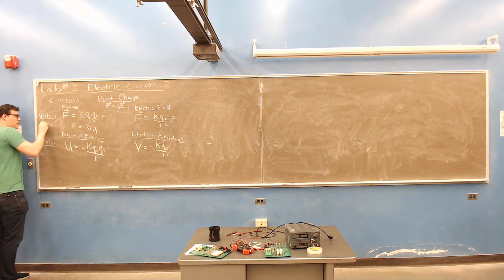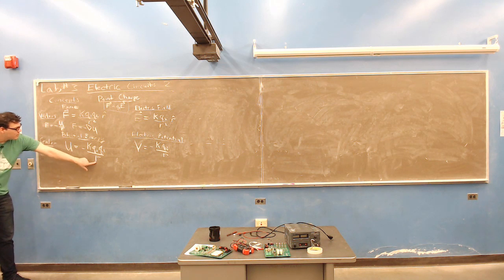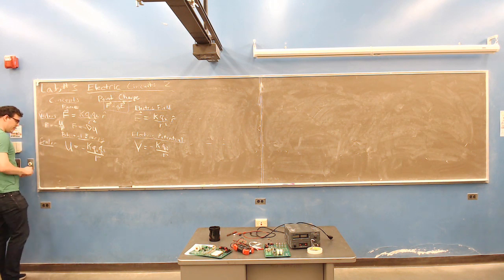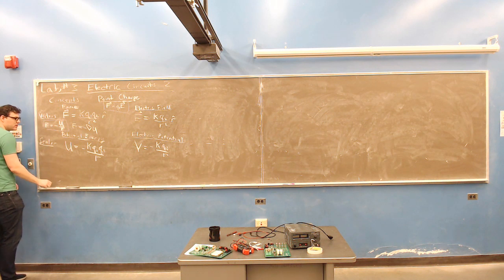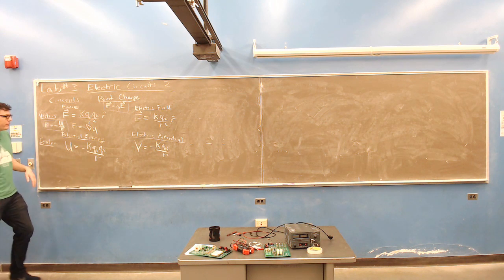Sorry. So we take U and we apply minus d/dR, we get back to F, right? All right. So these guys are connected now. So that means any calculation you can do with forces, you could also do with energy. So you can choose which one you want to do, whichever one's more convenient.